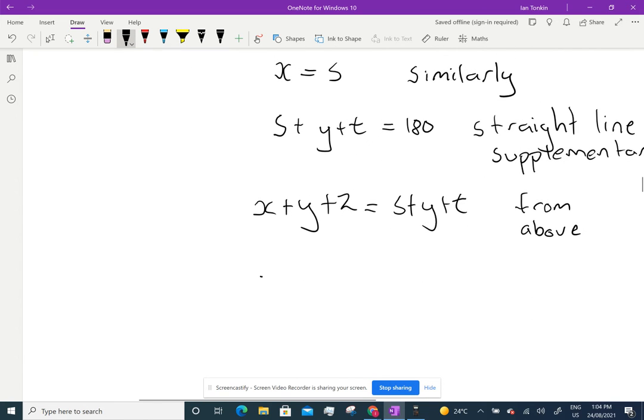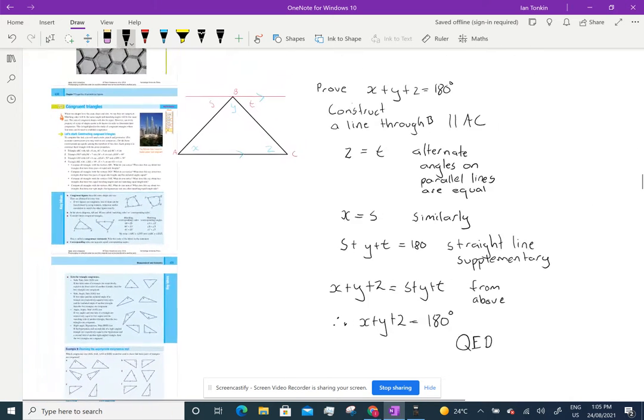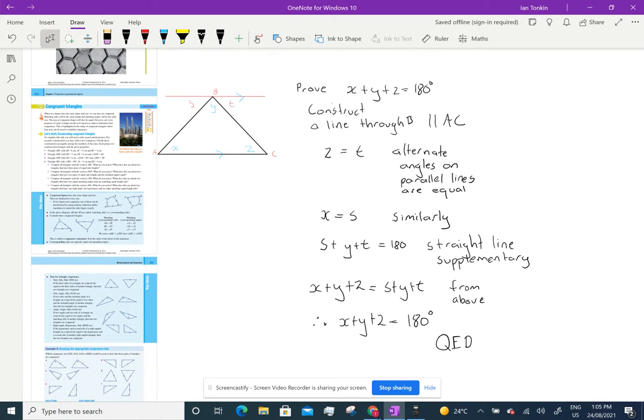Therefore, and we use this symbol, therefore, X plus Y plus Z equals 180 degrees, which is what we're trying to state. And then we write QED, quod erat demonstrandum, which was Latin for as I have shown or as I have demonstrated. And that's a formal proof. You must make sure that all your steps are explained, clear, and concise.